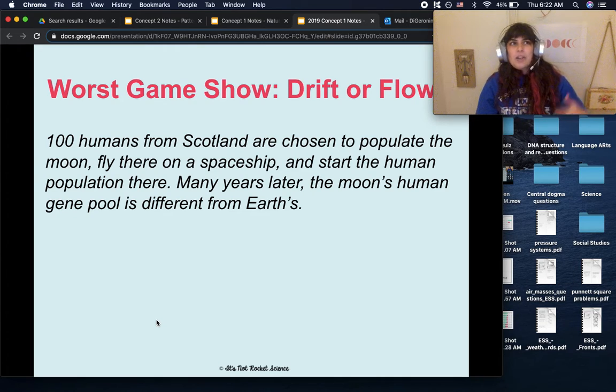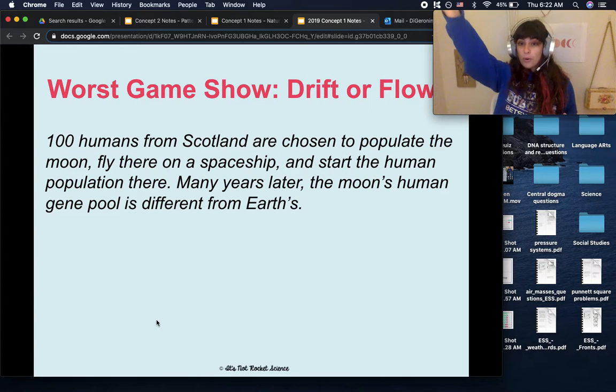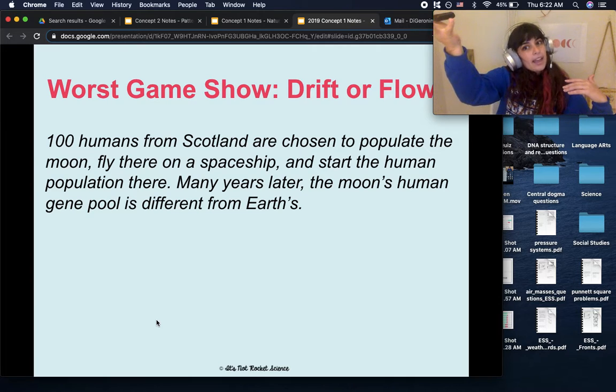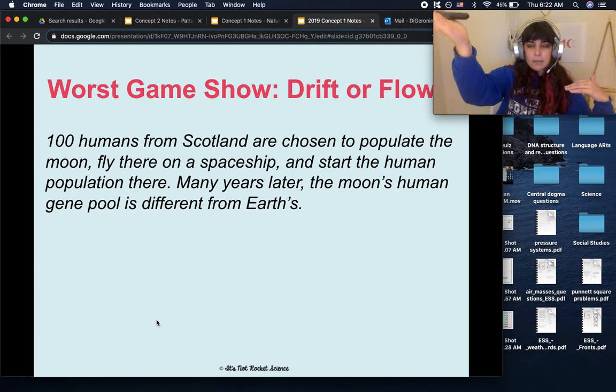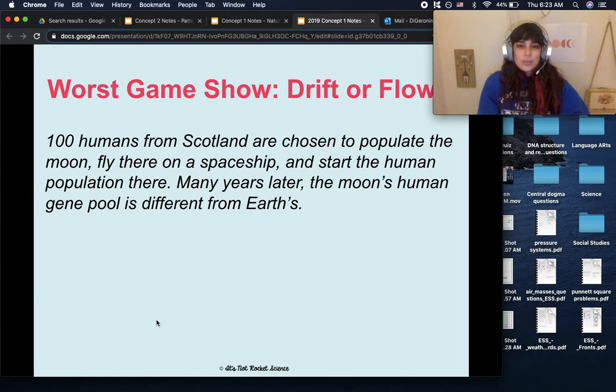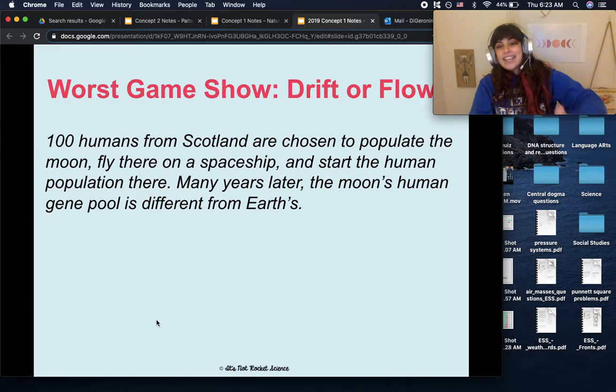Imagine that it's possible on the moon, maybe way more people will have red hair after we let the generations go on for a while because they all have Scottish genes. Now, having more red hair than people on Earth might not seem like a big deal, but it represents a change in the gene pool. The people on the moon have red hair more often, so they have a different gene more often than Earth. So that's why this is genetic drift, and yes, it would be a form of human evolution.